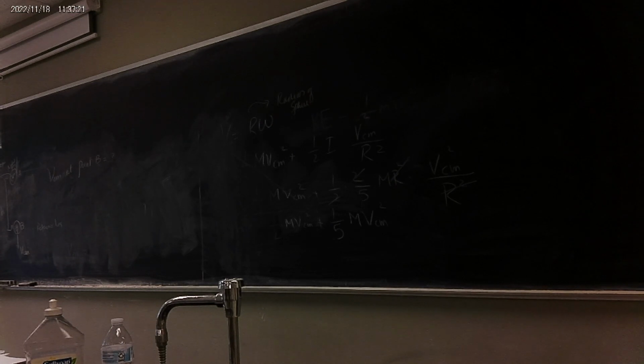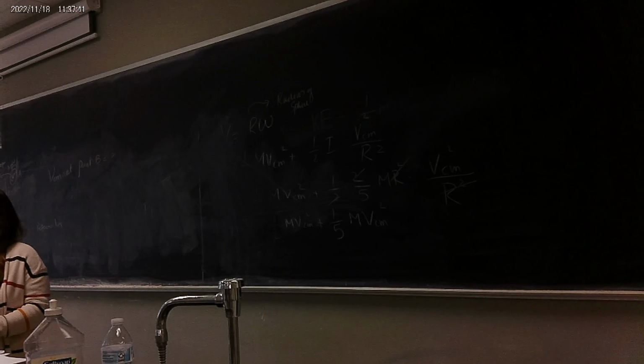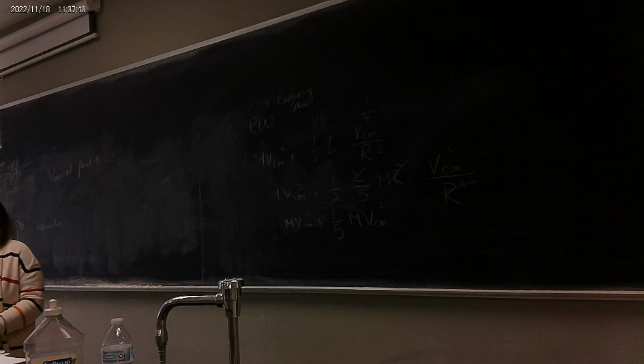And whatever number you get, do you think you are going to get a VCM greater or less compared to a sphere? It should be greater, because the mass would be distributed toward a flat plane instead of a spherical surface. Yeah, it will be greater.